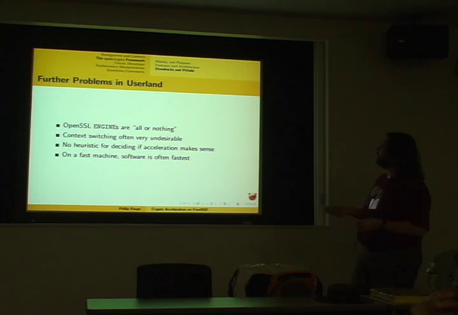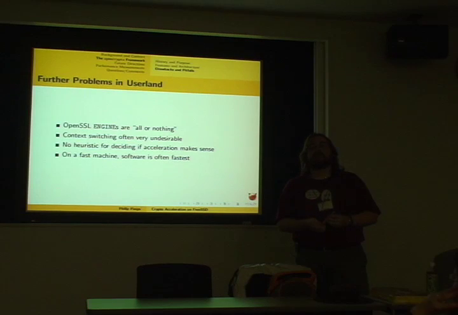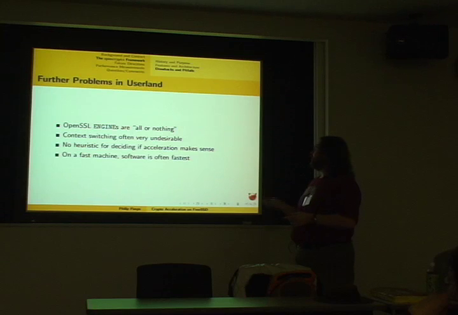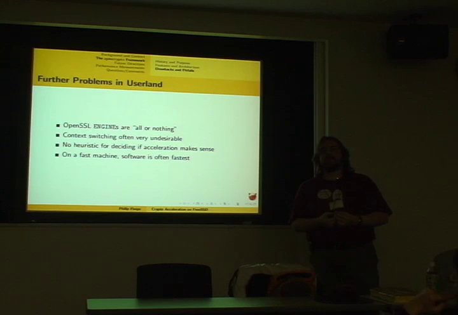And the OpenSSL implementation of the crypto algorithms tends to be at least as fast, and sometimes even faster than the kernel implementation. So context switching, you really don't want to do. As I'll show in numbers, if you do enable the OpenSSL engine on a fast machine, you're actually going to get crypto deceleration rather than acceleration.